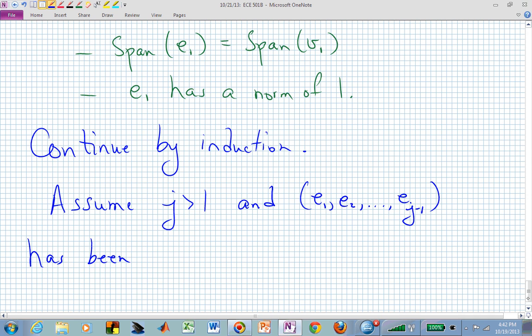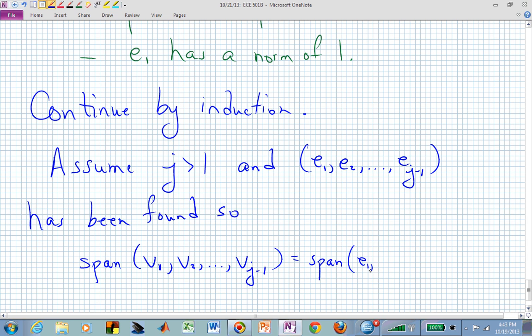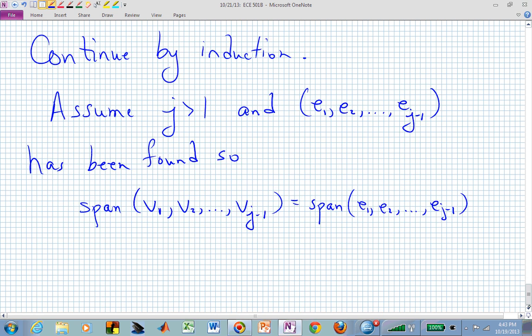And then for this hypothesis to be consistent with our base case, we want this list of j minus 1 vectors to have the same span as the list of linearly independent vectors v sub 1 through v sub j minus 1, where the span of v1, v2, v sub j minus 1 is equal to the span of E1, E sub 2, E sub j minus 1.